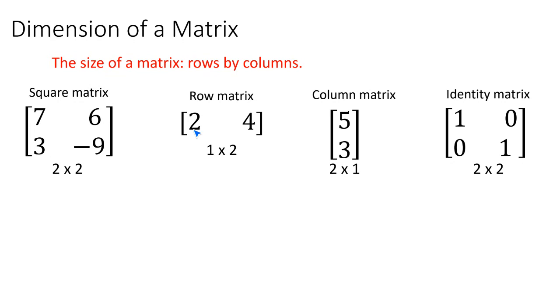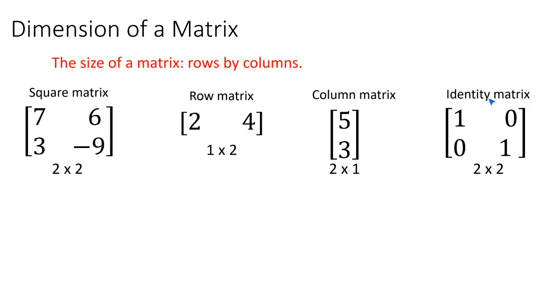If it only has 1 row, then we call it a row matrix. Here we have a 1, and then a 2 because it has 2 columns. In this third example, you have 1 column, but it has 2 rows. So the order, or the size, is a 2 by 1. Another word for size besides dimension is order.